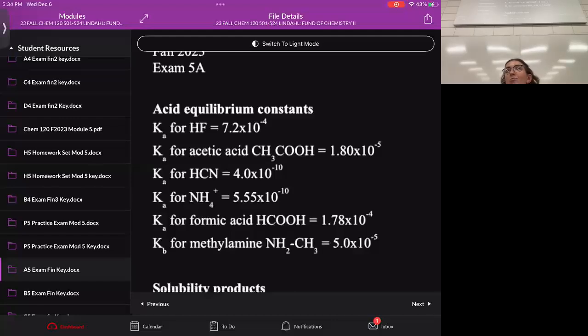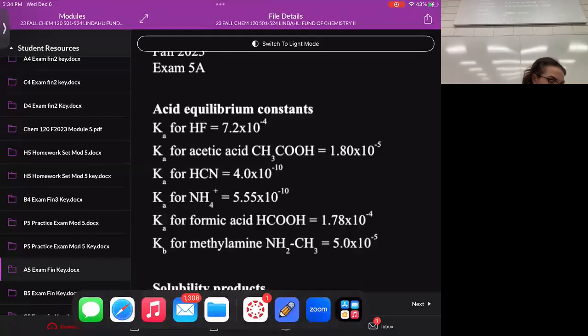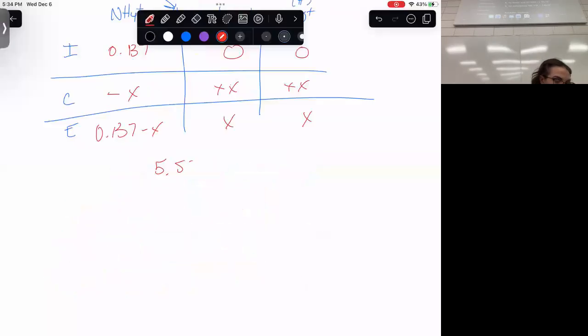If we were given the Kb for NH3, would you still be able to solve for Ka? Yes, right, you could just use the Kw to switch between the two. Okay, so we have 5.55 times 10 to the negative 10 equal to x squared over 0.137 minus x.